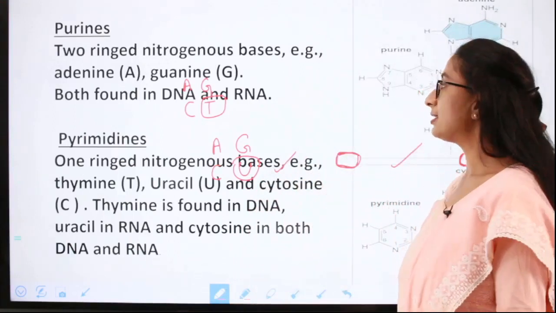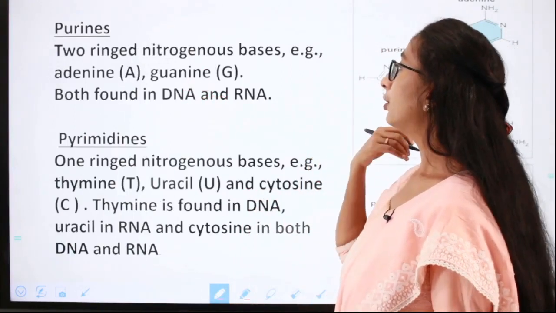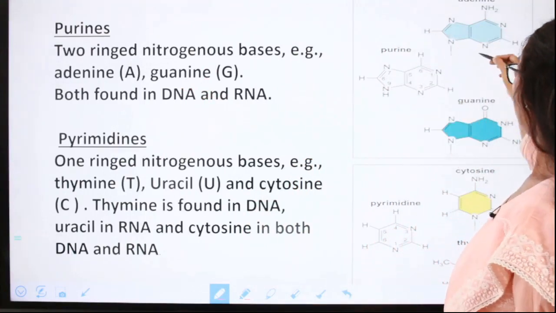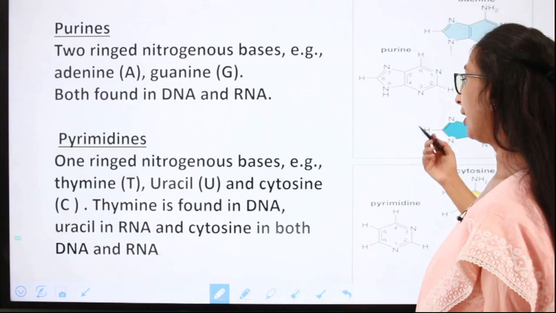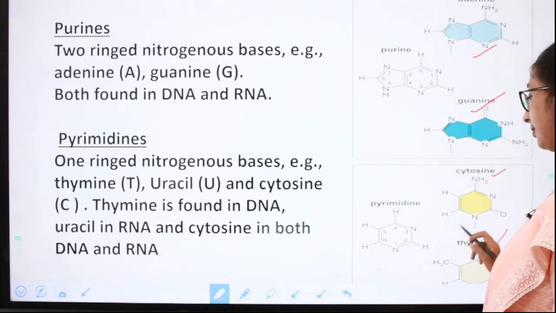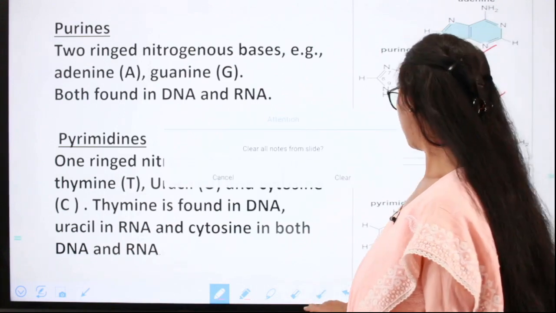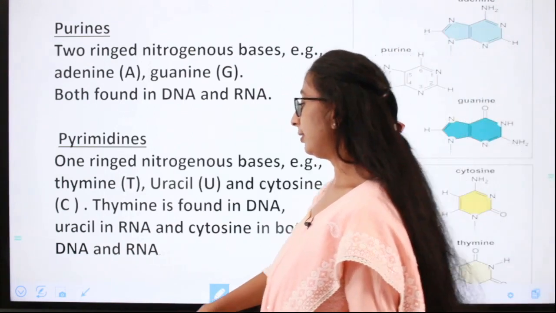So what are purines? Purines are two ring structures, adenine and guanine. And then pyrimidines are one ring structures, that is cytosine and thymine.